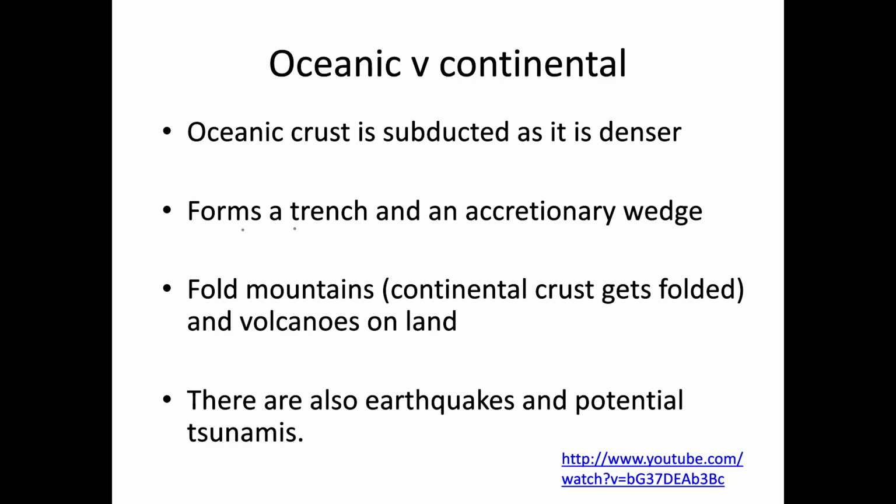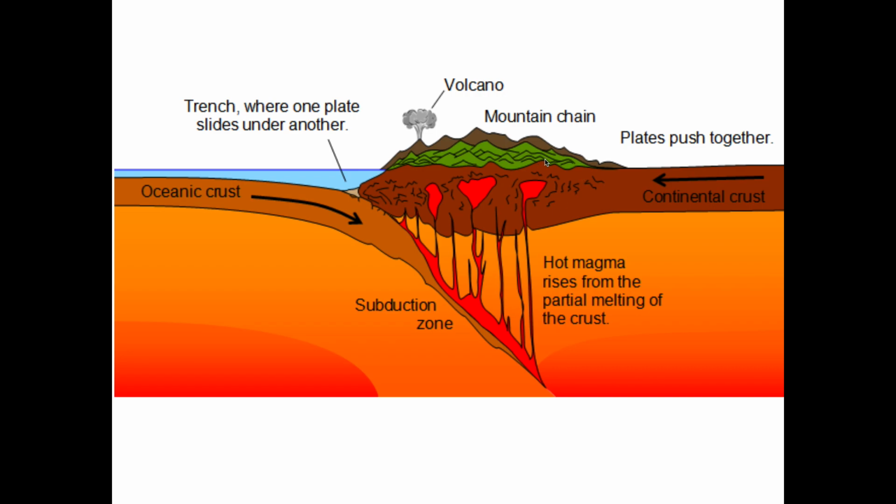What about the earthquakes and tsunamis? Well, you are going to get a lot of friction here. As this crust goes past this one, that is not going to be a smooth, easy process. This is solid rock moving against solid rock. You are going to get lots and lots of friction and jolting.